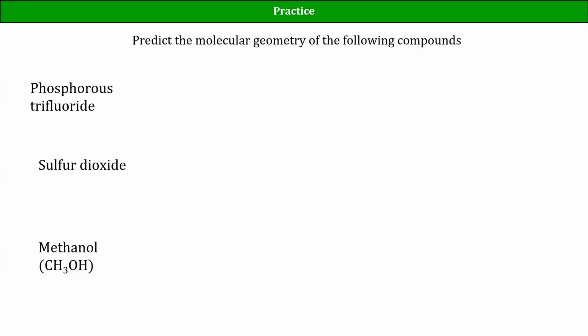So let's give this a few minutes. Try this: phosphorus trifluoride, sulfur dioxide, and methanol. If you can't remember the names of the geometries, at least try to draw them using those wedges and dashes.